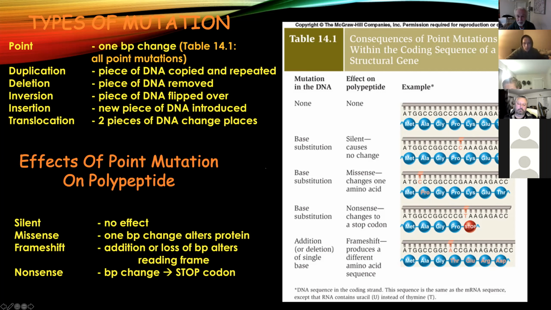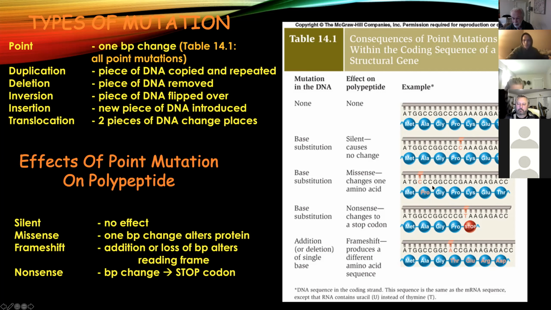And now the table on the right here is simply to illustrate these various different types of point mutations. The first line is a wild type. The second line shows a silent mutation where this G becomes a C, doesn't change anything.